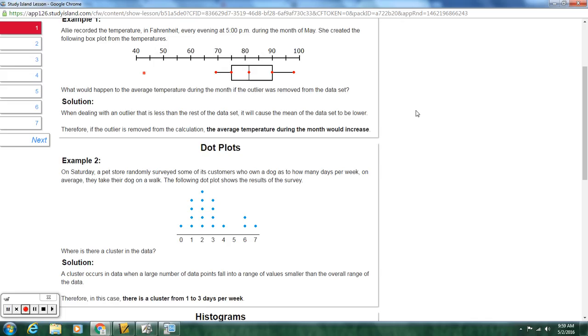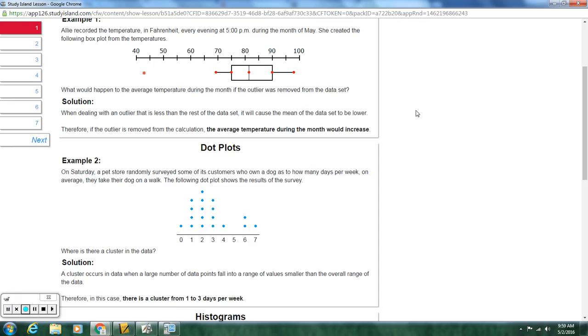How many people take their dog on a walk 6 days? Everybody understand that? How many take their dog on a walk 5 days? Nobody took it on 5 days, did they?